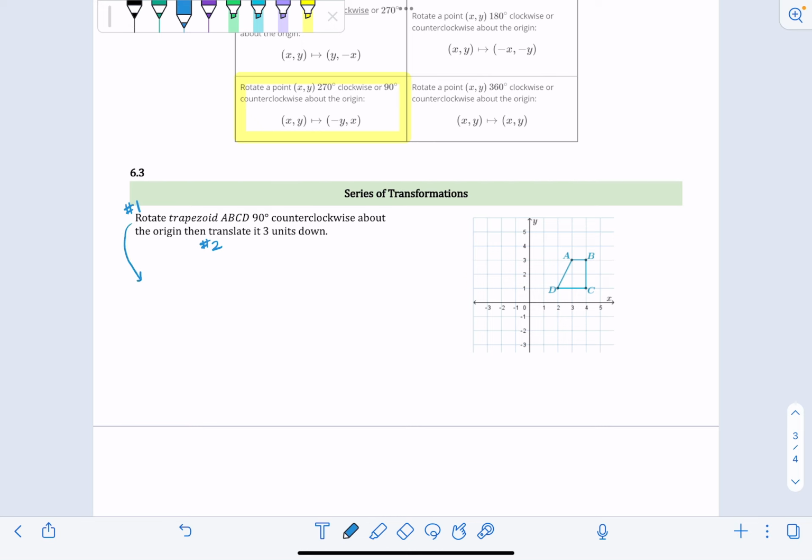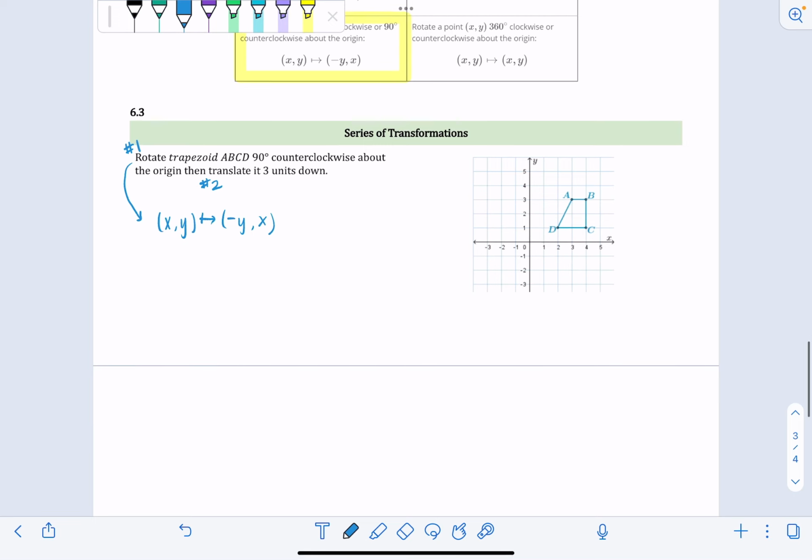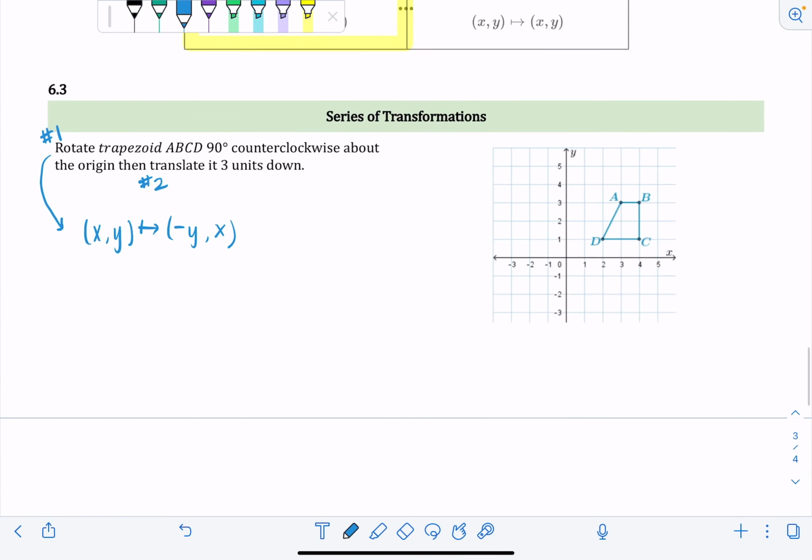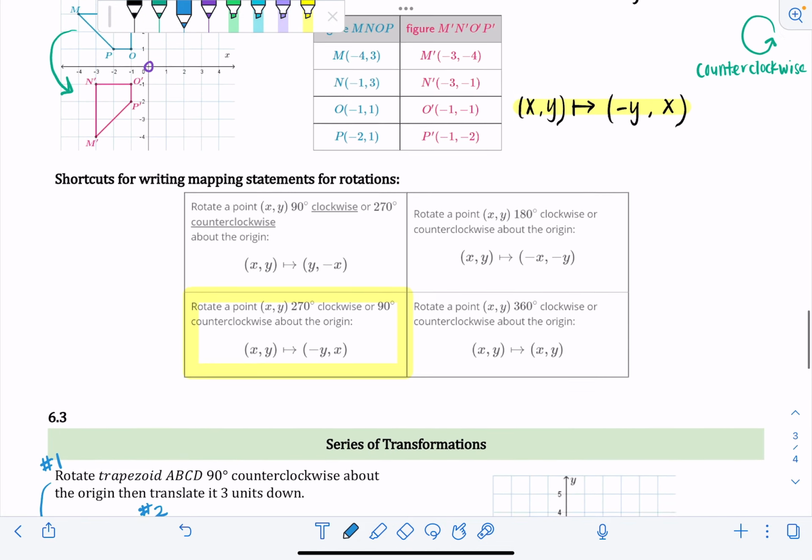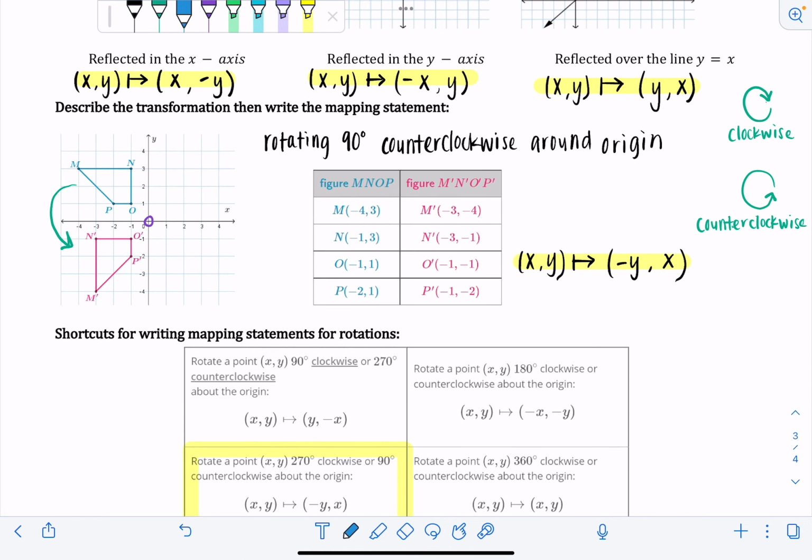To rotate 90 degrees counterclockwise, (x, y) maps to (negative y, x). And I think it's kind of hard to draw a rotation on a graph without seeing my points. So I'm just going to make a table like we did up here for this example, or like that was given to us up here.